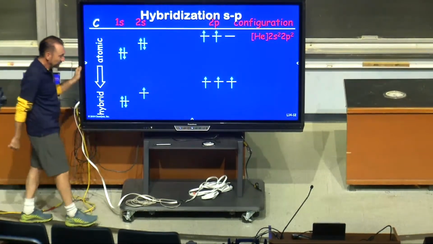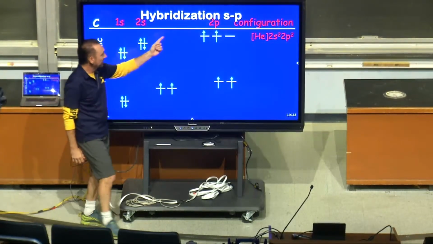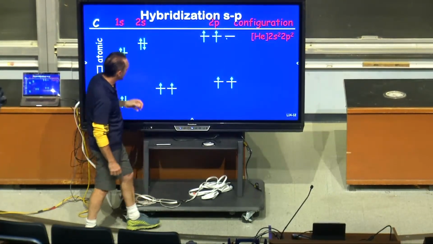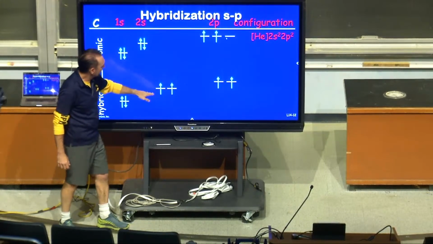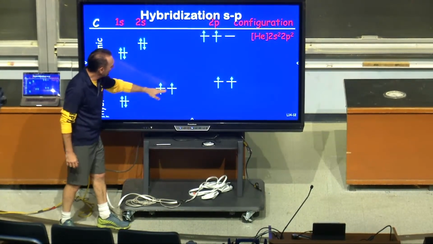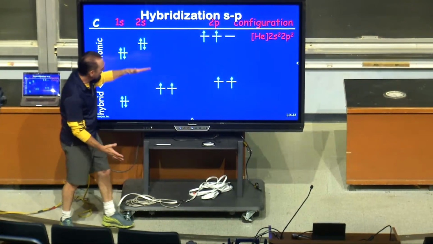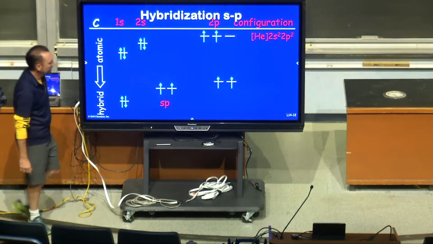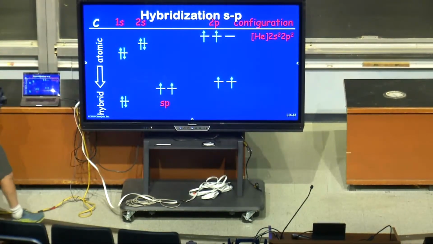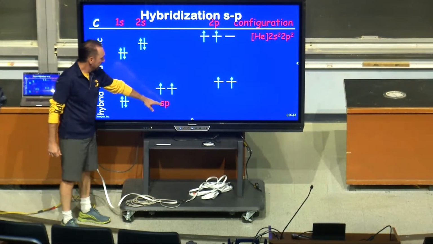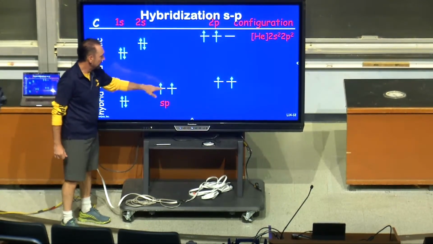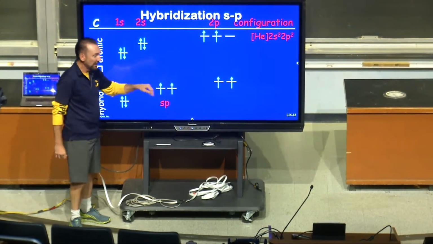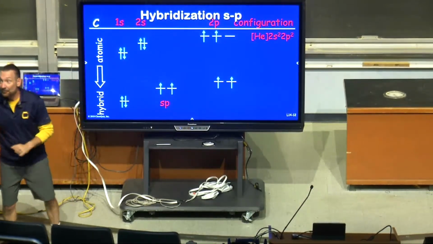So what I've done here is I've promoted that electron up to the p, and now there's an orbital at an intermediate energy between the s and the p. You'd imagine that's where the sum of the s and p, the sp, would land, and we're going to call that sp, and there's 2 of them, each having an electron in it ready to bond.